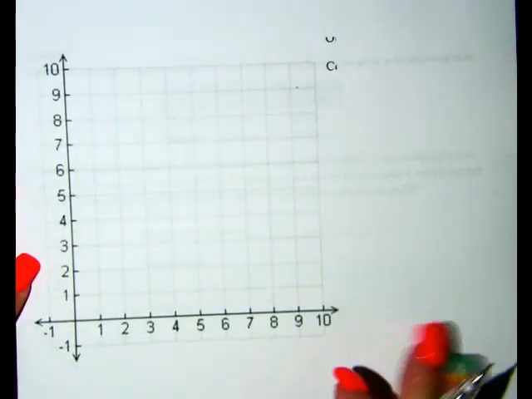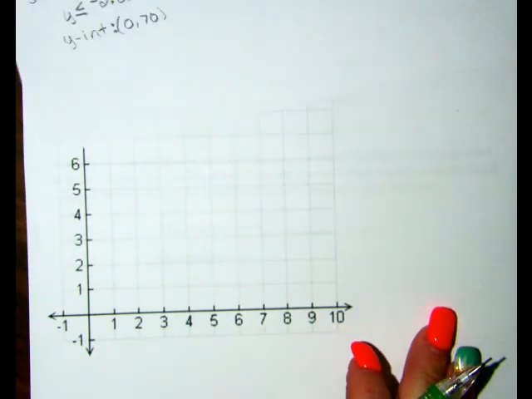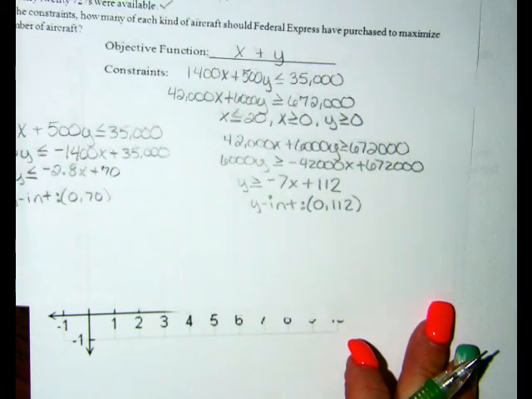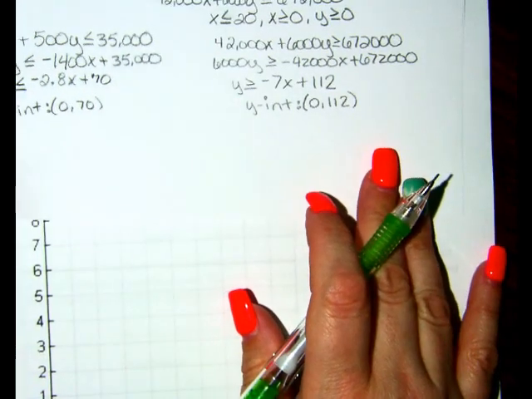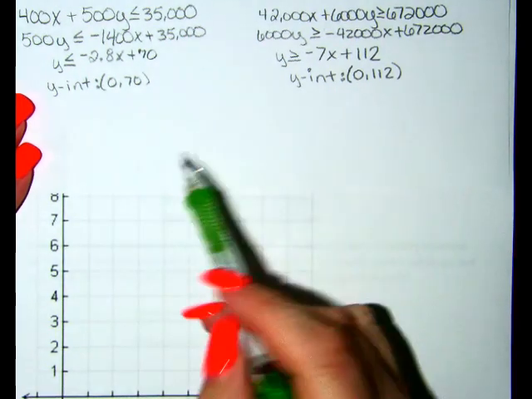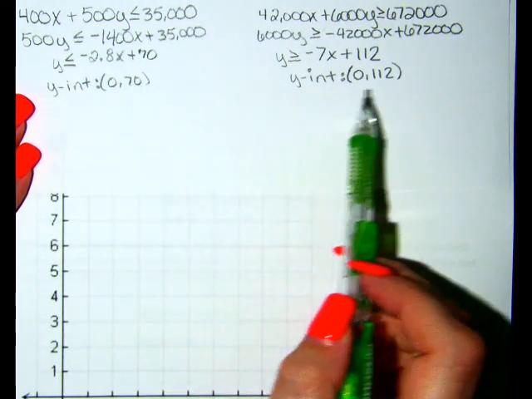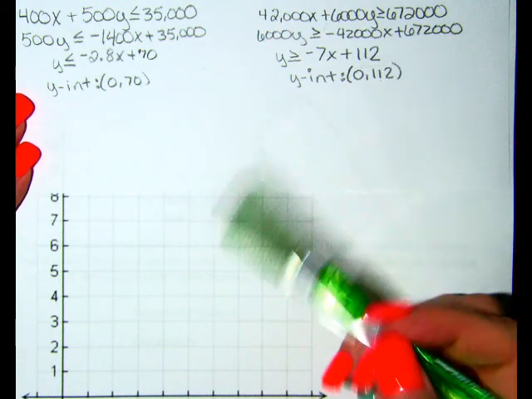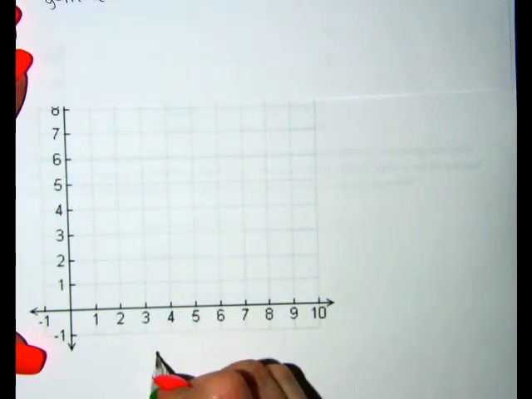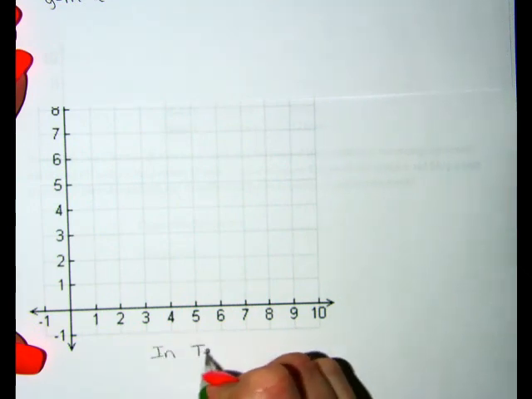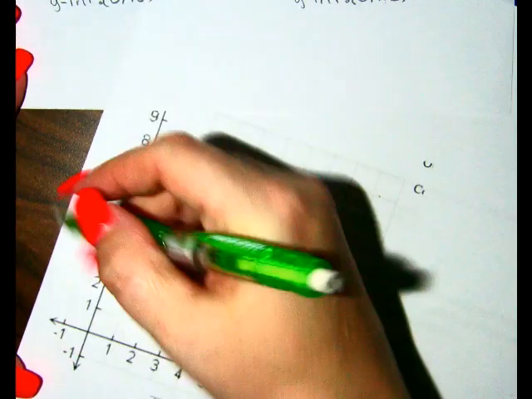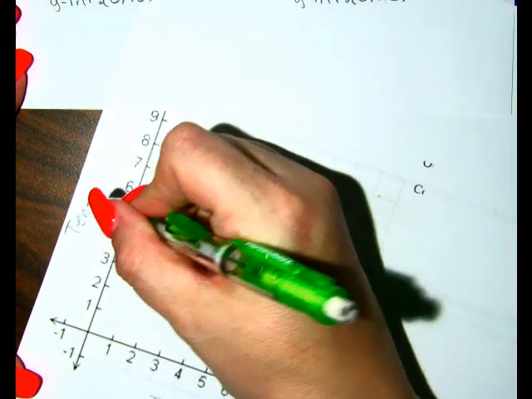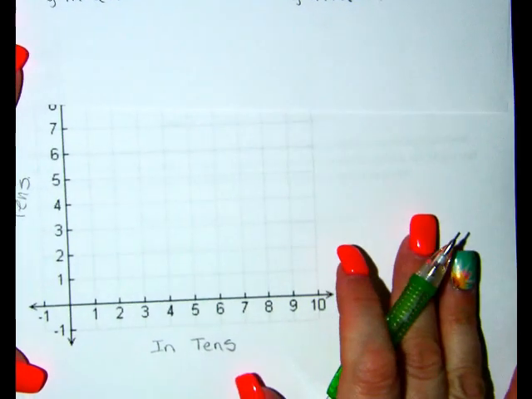So I need to think of what kind of increments I can put these 1 through 10s in that would be able to let me graph 70 and 112. Well, what if I made this 1 through 10 in 10s, which means 1 is 10, 2 is 20. And I did the same thing on the side. Put this in 10s. Then I would be able to graph, right?